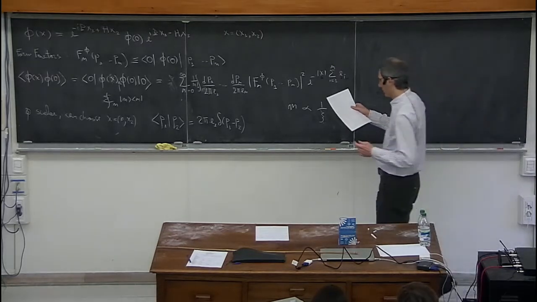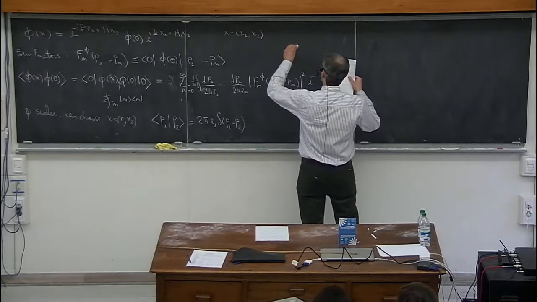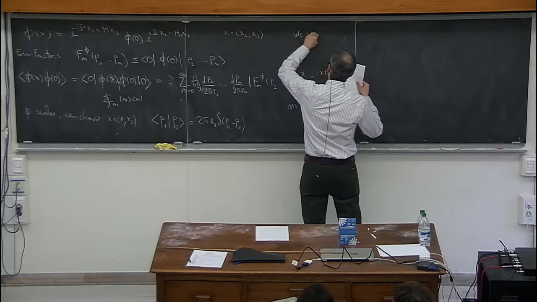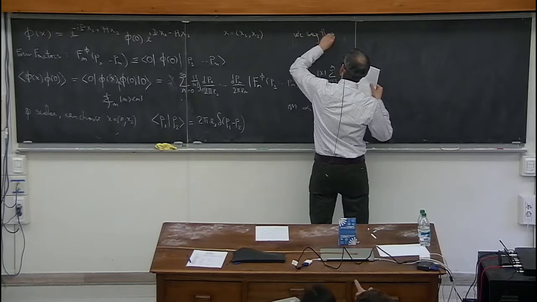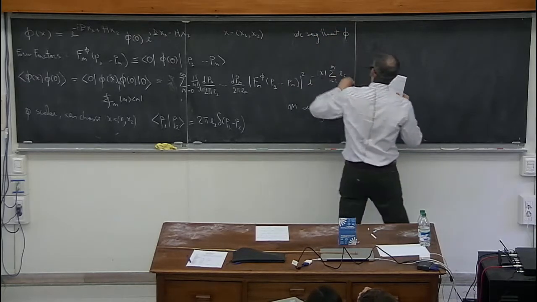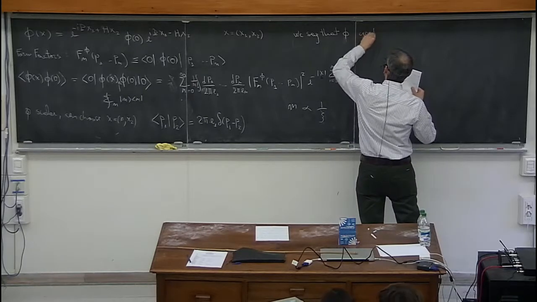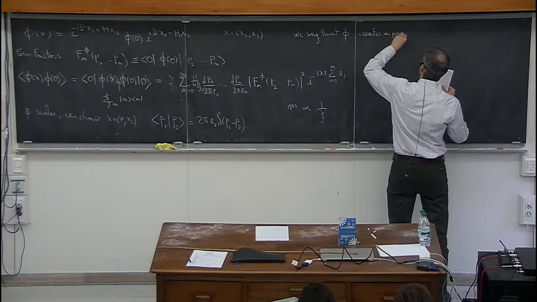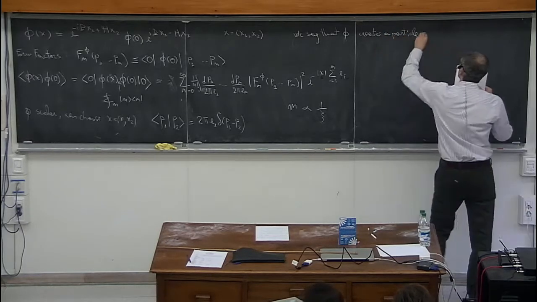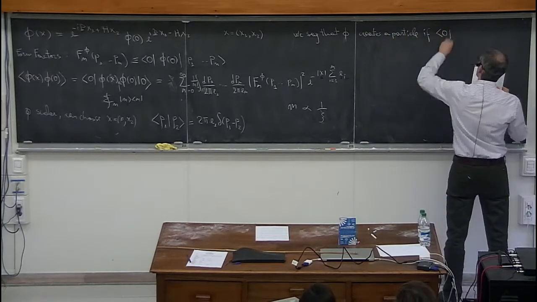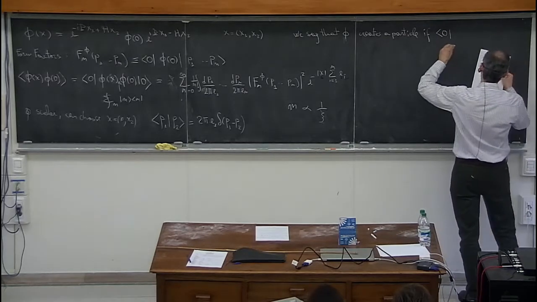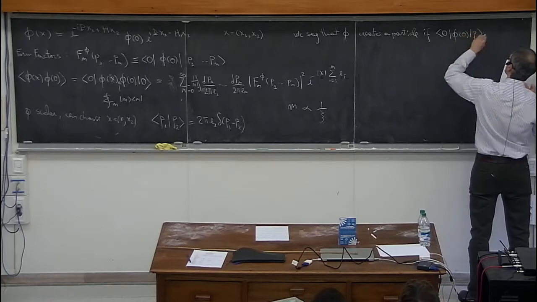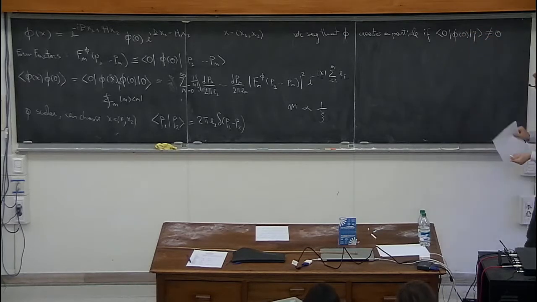Last definition, we say that a field phi creates a particle if its one particle form factor, phi on the one particle state, is non-zero.